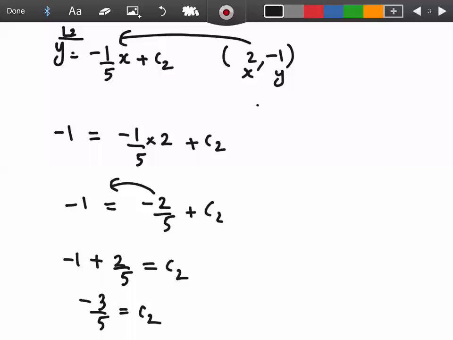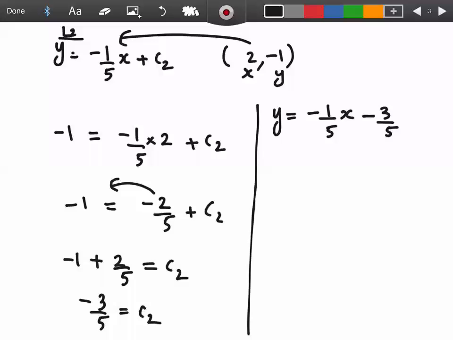Then we complete the equation: y = -1/5 x - 3/5, by plugging in all these values. This is of the form y = mx + c, so that is the answer.